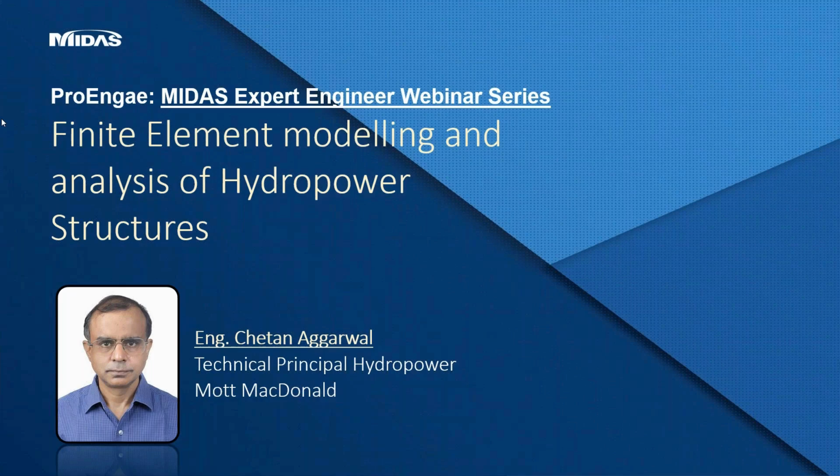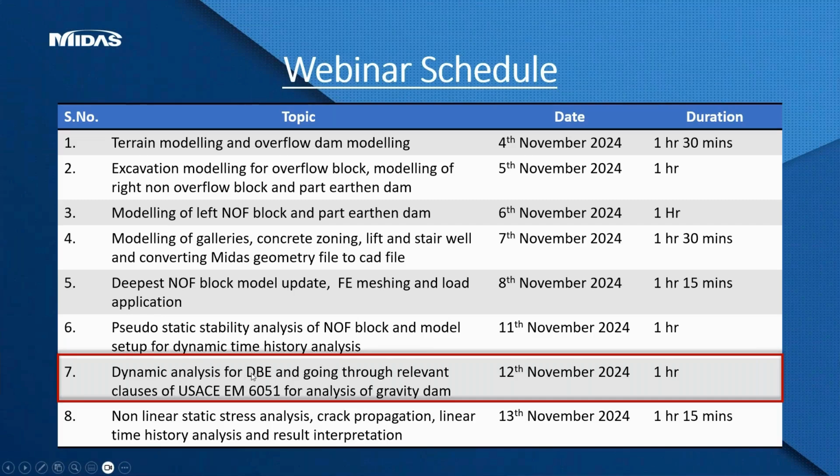So I welcome you all on behalf of Midas IT for the webinar series on finite element modeling and analysis of hydropower structures, presented by Chetan Agrawal sir. This is the seventh session of the webinar series, which is on dynamic analysis for the design basis earthquake, DBE, and going through the relevant clauses from the code, like USACE manual EM 6051, for the analysis of gravity dam.